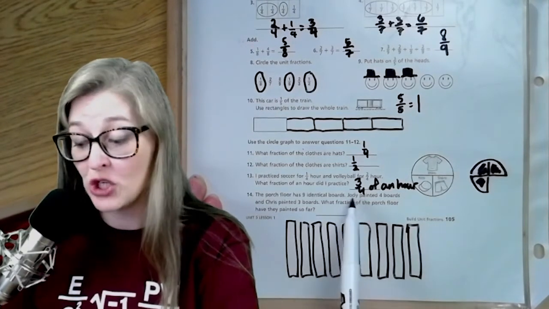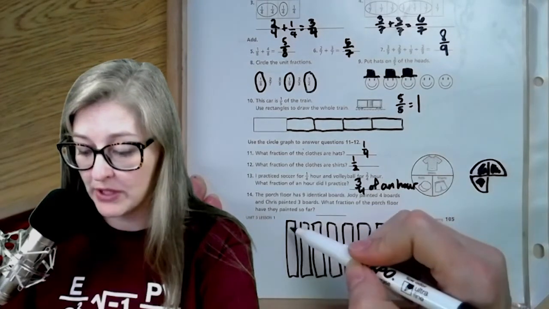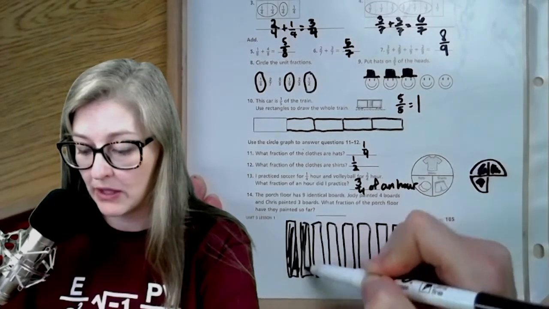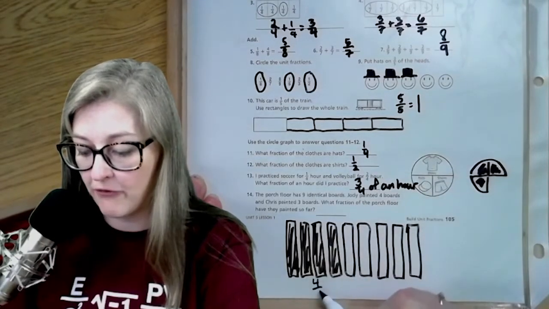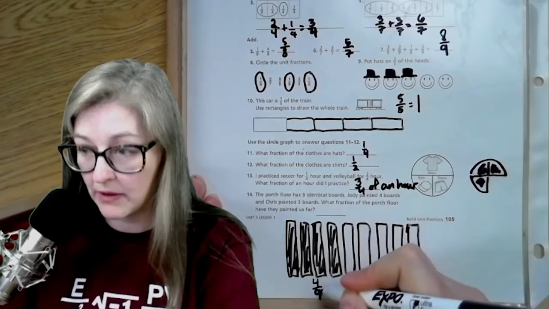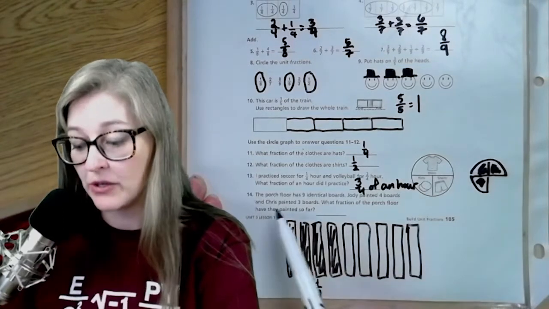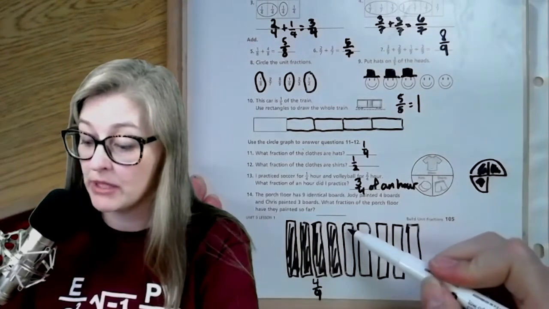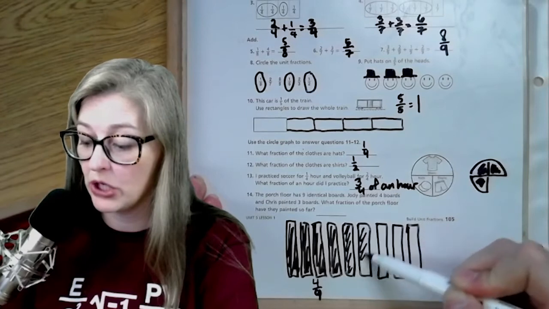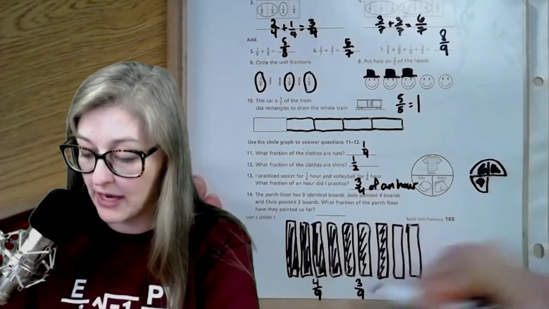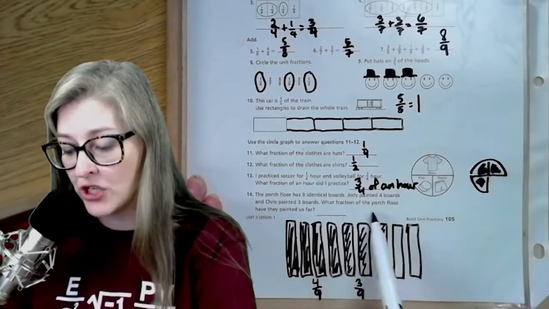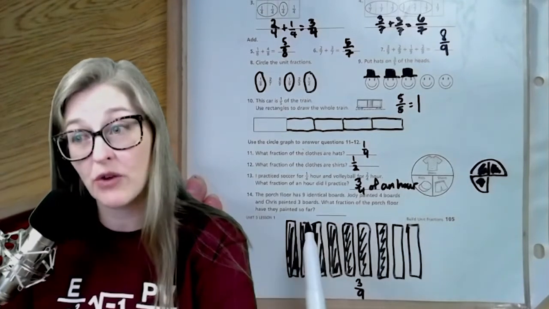It says that Jody painted 4 boards. So I'm going to go 1, 2, 3, 4. I painted 4/9. Oops. And then it says Chris painted 3 boards. So Mr. Delaney painted 1, 2, 3. He painted 3/9.